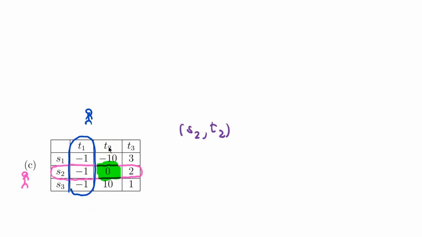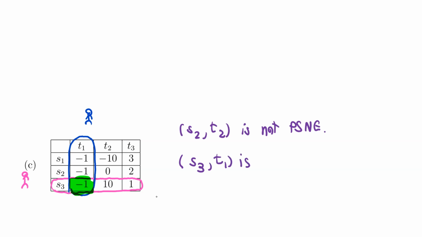So this is not pure strategy Nash equilibrium. But on the other hand, if Alice were to play S3 and Bob were to play T1, then the outcome would be this. This would indeed be a pure strategy Nash equilibrium. S3 and T1.